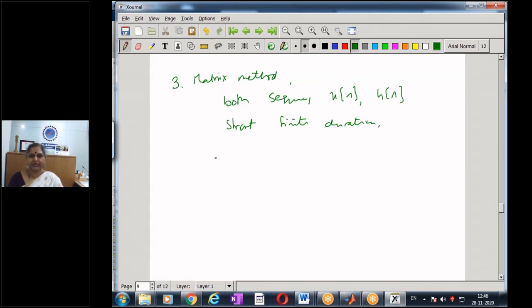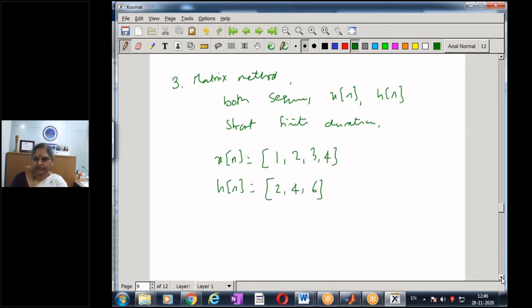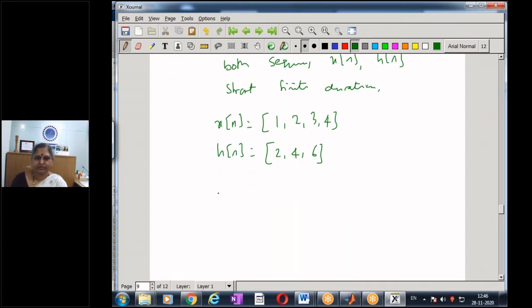As an example, let's take x of n as the sequence 1, 2, 3, 4, and let us take the sequence h of n as 2, 4, 6. Our aim is to obtain y of n, given by the convolution of x of n with h of n.